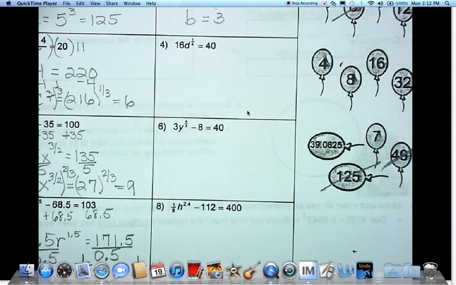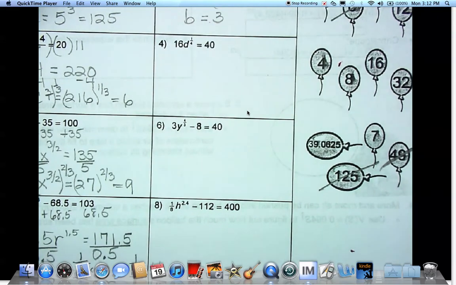This one, do I put these two? Uh-huh. You need the calculator. Would this be right? Yes, you got it. Is that all of it? Okay.